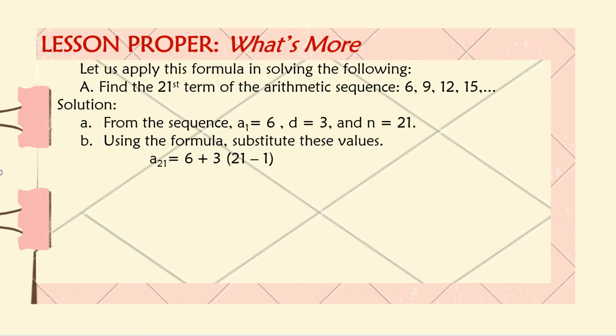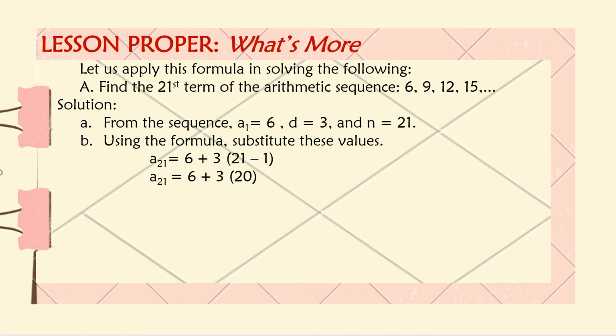So, we have a sub 21, kasi 21st yung hinahanap natin, is equal to 6 plus 3 times the quantity of 21 minus 1. Again, PEMDAS yung susundan natin. Kung ano muna yung nasa loob ng parenthesis, yun muna yung ipe-perform nating operation. So, that is subtraction. 21 minus 1 is 20.